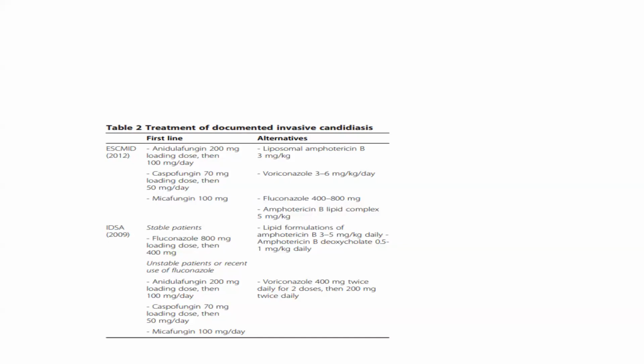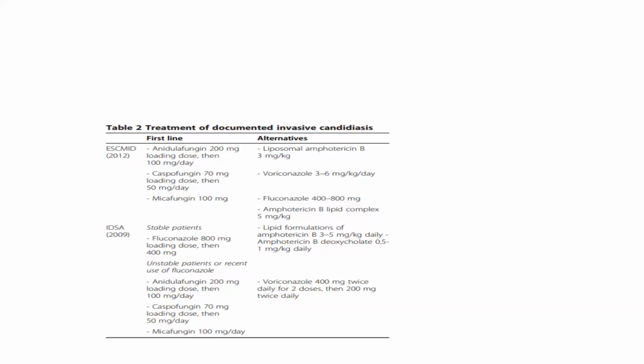Now the treatment of documented invasive candidiasis. According to ESCMID guidelines, which were published in 2012, first line therapy is anidulafungin, 200 mg loading dose, then 100 mg per day. Then another drug is caspofungin that we can use, 70 mg loading dose, then 50 mg per day.